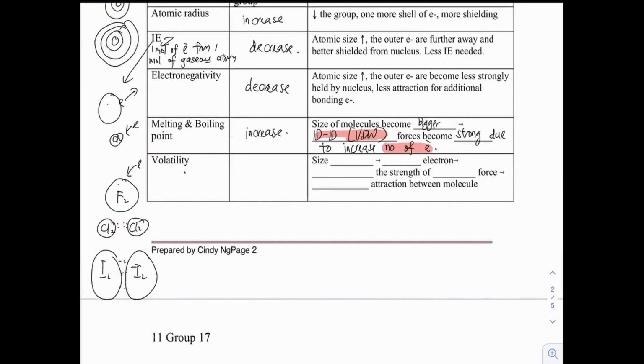Here, as the size increases, there will be more electrons. Therefore, there will be increased strength of van der Waals forces, and therefore a stronger attraction. So therefore, will volatility increase or decrease? It will decrease. Take note of this.